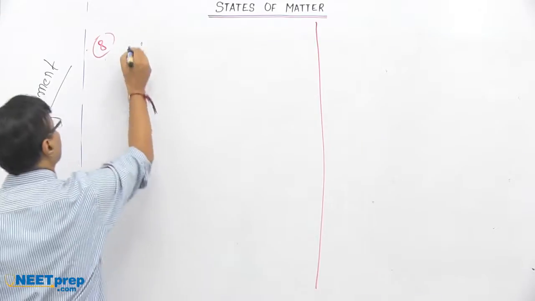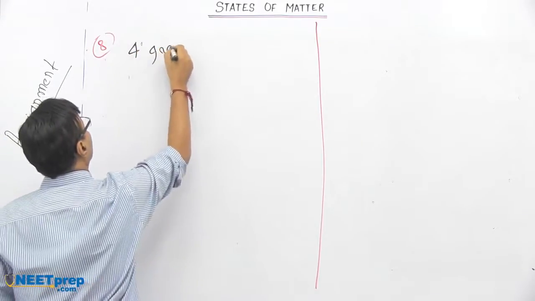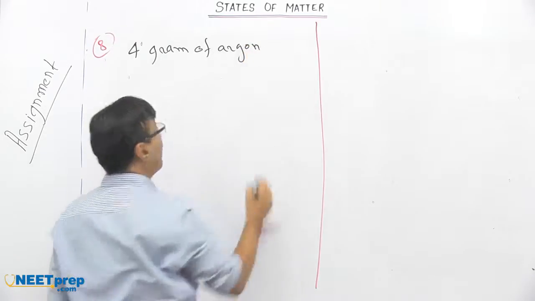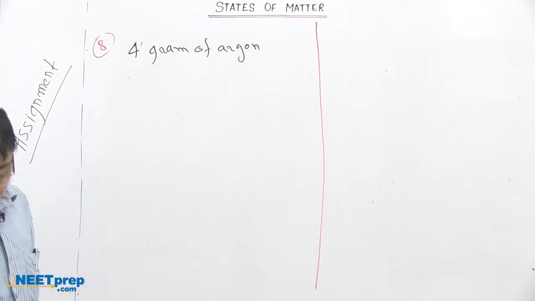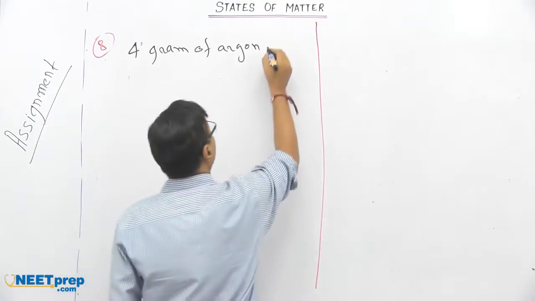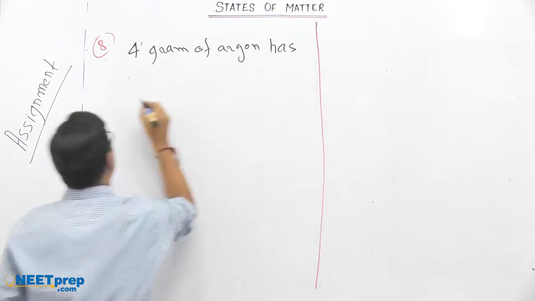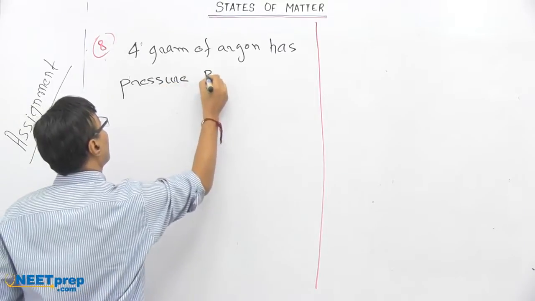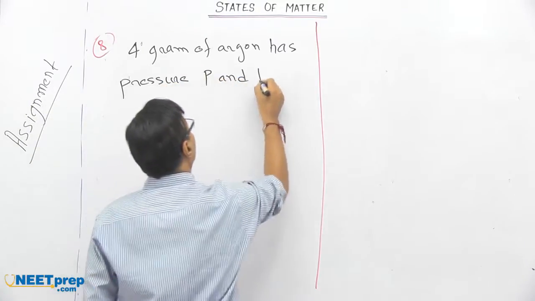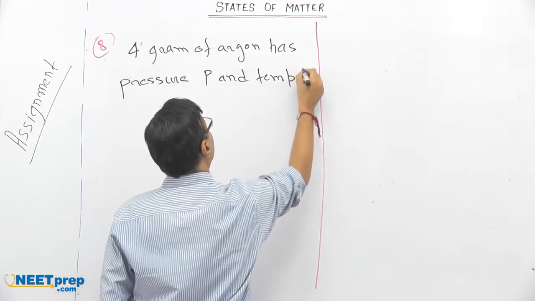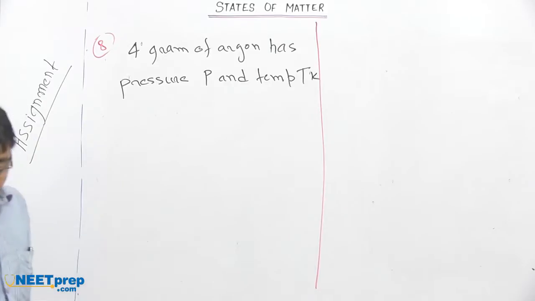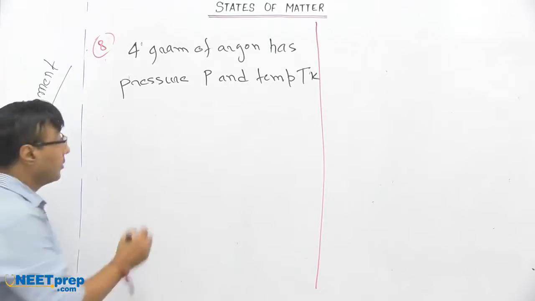Four gram of argon has pressure P and temperature T Kelvin in a vessel.